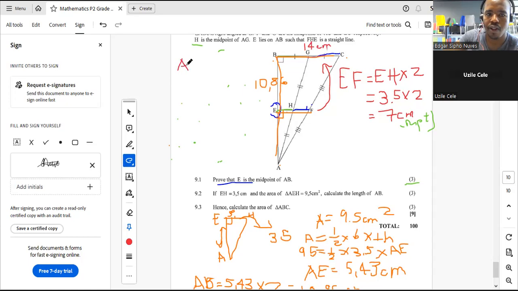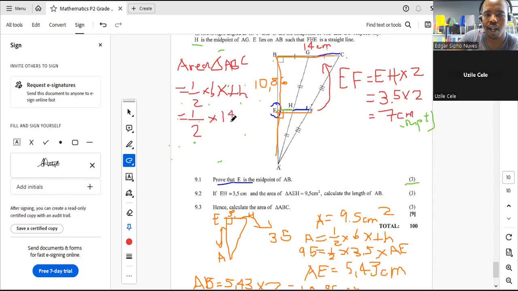So the area of the triangle ABC is equal to half times the base times perpendicular height. So half. What is the base? The base is 14 centimeters.